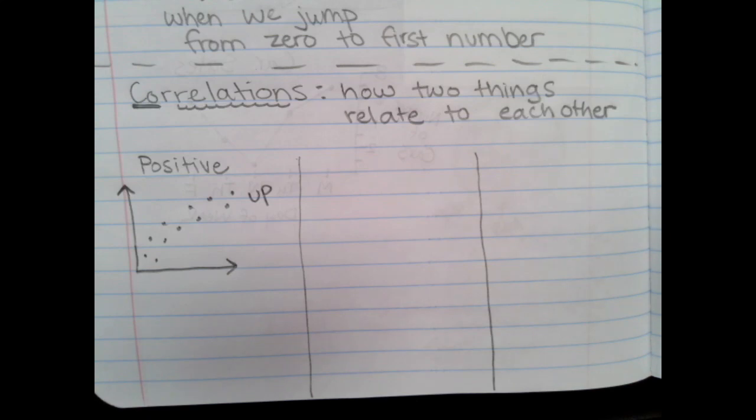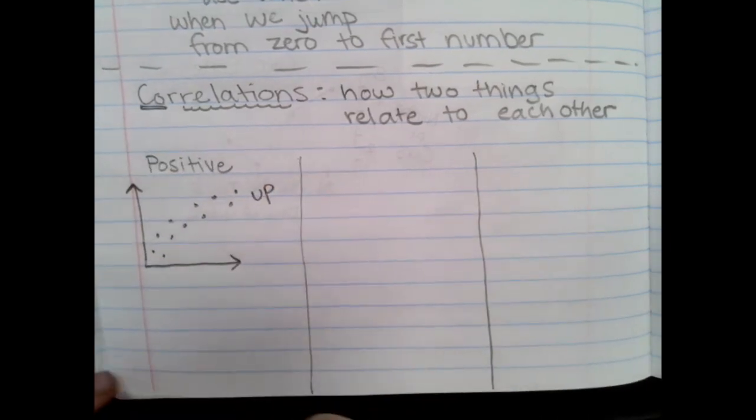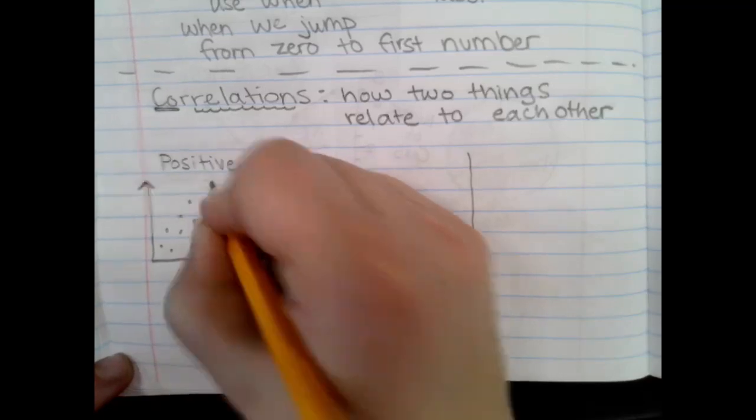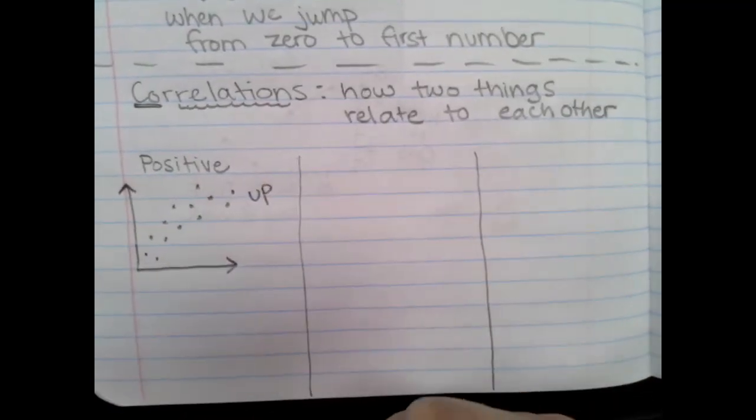Your points don't have to be exact. We're just making points and trying to make them look like they're going up, kind of uphill together. Kind of all over the place, but there's one way up here by itself. But overall, they're going up.